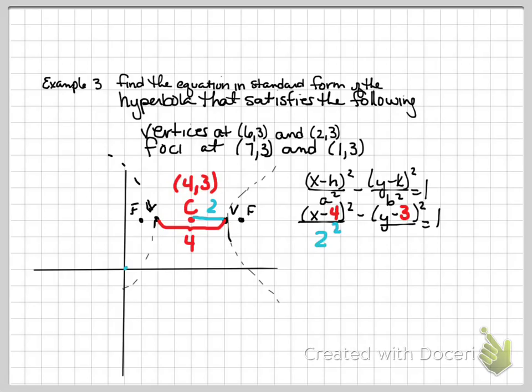Now I just got to find b. And this is where our foci come in. Remember, c squared equals a squared plus b squared. Well, I know my a squared, and that is 2 squared. I'm looking for b. Now I need to find c. c is the distance from our center to our foci.